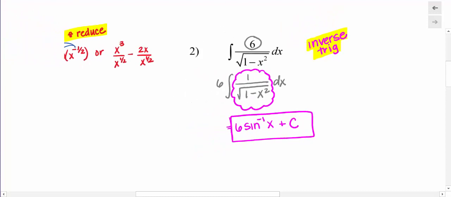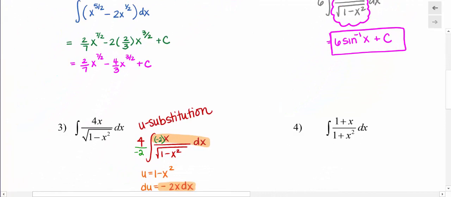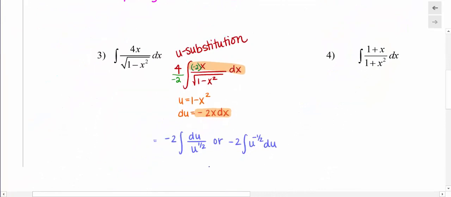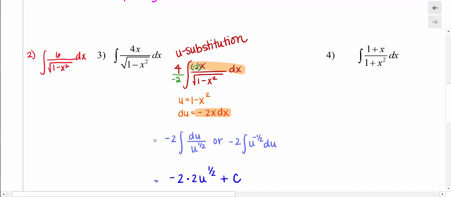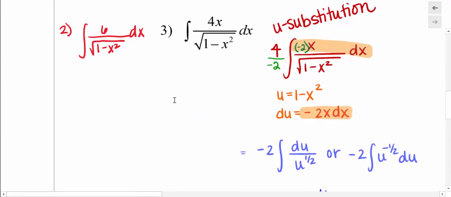But that is contrasted with number 3. Now I'm going to write number 2 next to it just so you could see the difference in problem. So there's what we started with for number 2, and here's what we're working with number 3. And why are we saying that number 3 is U-substitution and not just inverse trig?